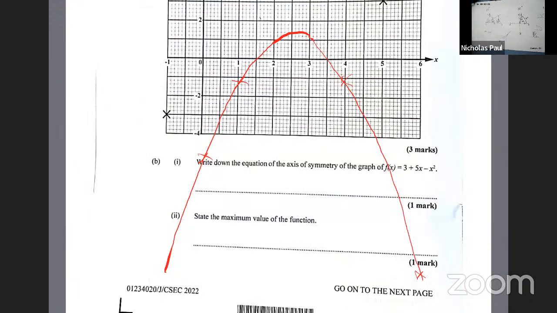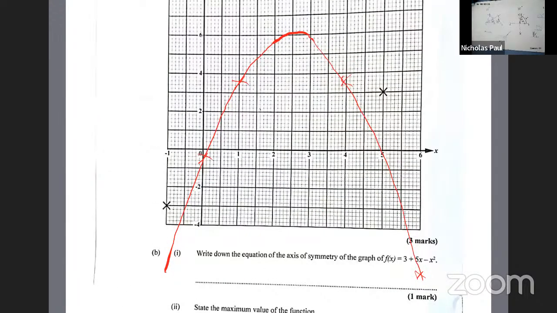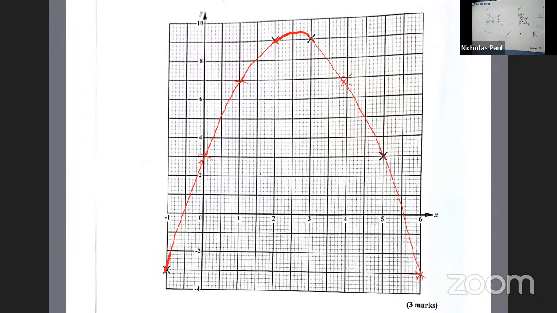First part is write down the axis of symmetry and then state the maximum value. Right? Anybody can help me? Where is the axis of symmetry? You don't have to work it out. Look at the graph. Where is that one line that will split the function in two?